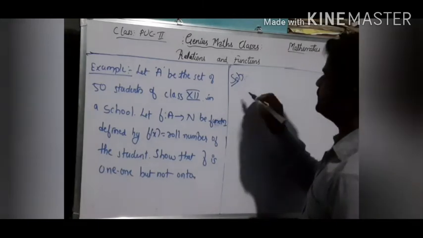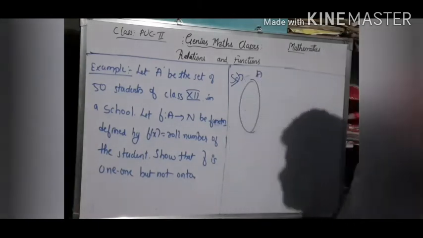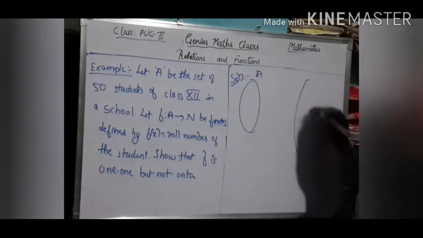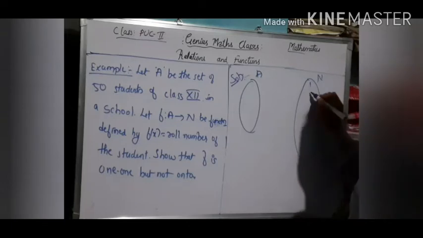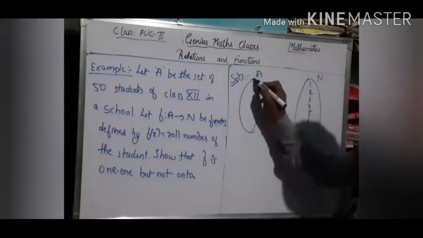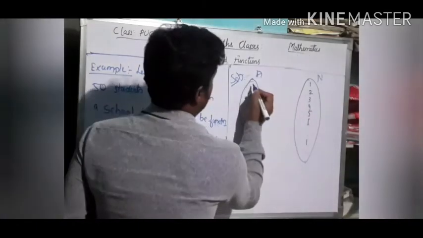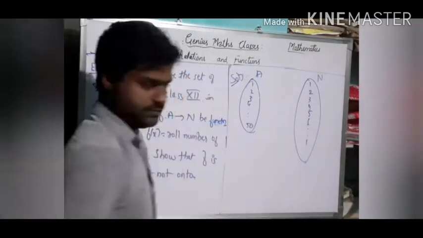What I have given, A, is mapped to the natural numbers N. Natural numbers are 1, 2, 3, 4, 5, 6 and so on. This set has 50 students, 1, 2, 3, 4 and so on up to 50.